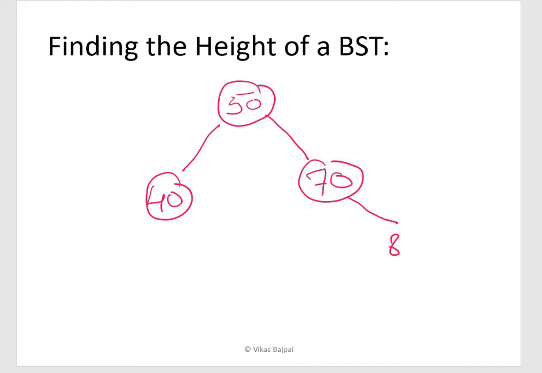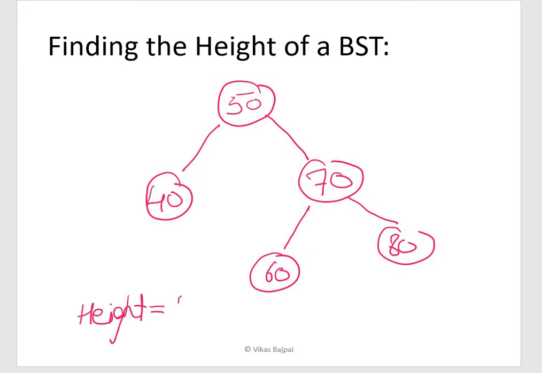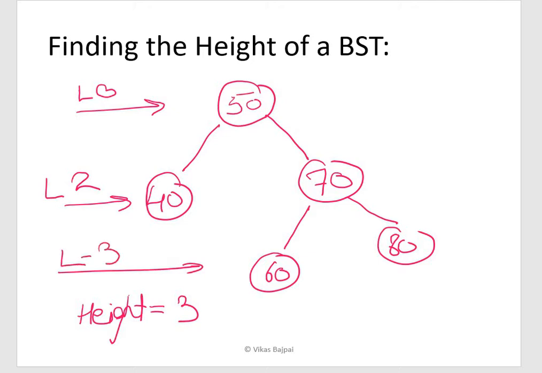On this side let me add 80, on this side let me add 60, and in this particular example, what I should get is the height to be equivalent to 3. And the way we do is, if you talk about level, so it comes at level 0, it comes at level 2, this is coming at level 3.